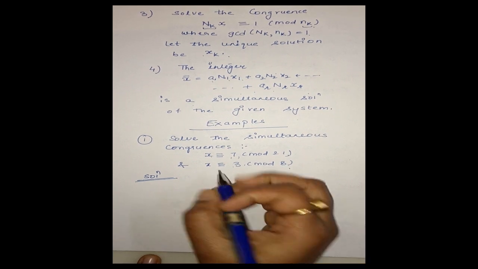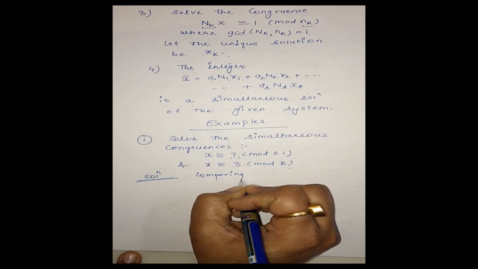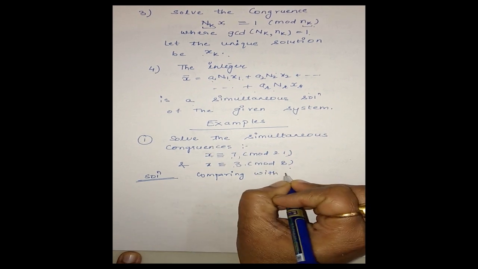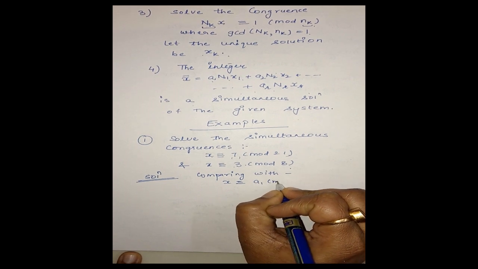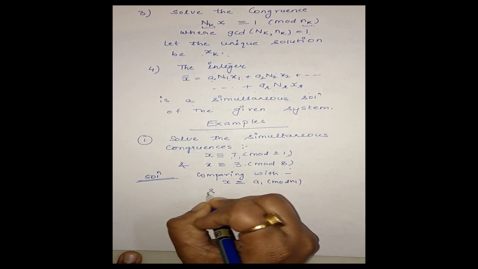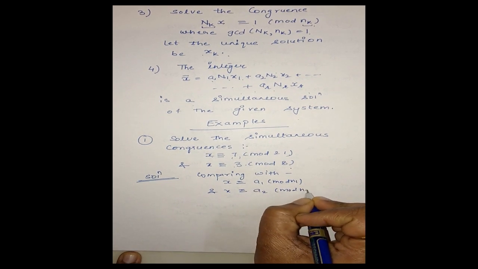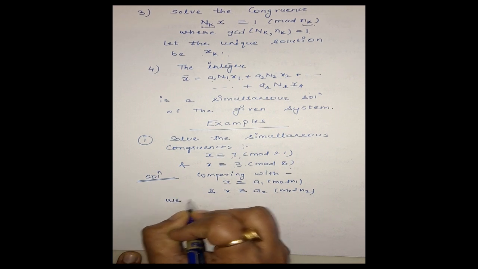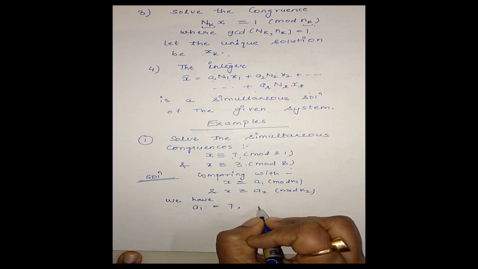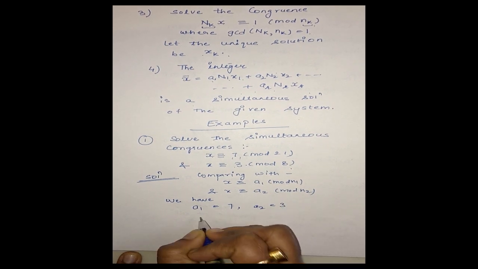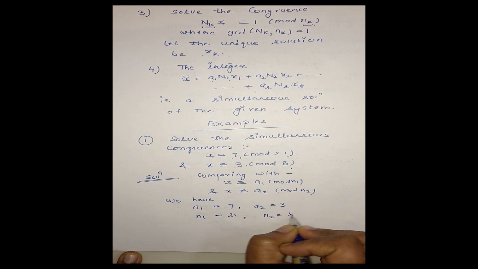Now comparing this with the system of equations x congruent to a1 modulo n1 and x congruent to a2 modulo n2, we have here a1 is 7, a2 is 3, n1 is 21 and n2 is 8.